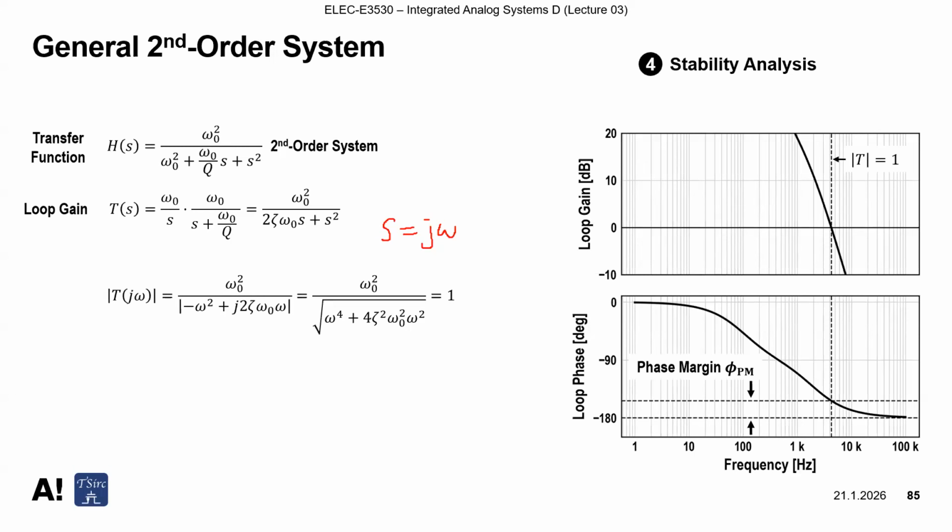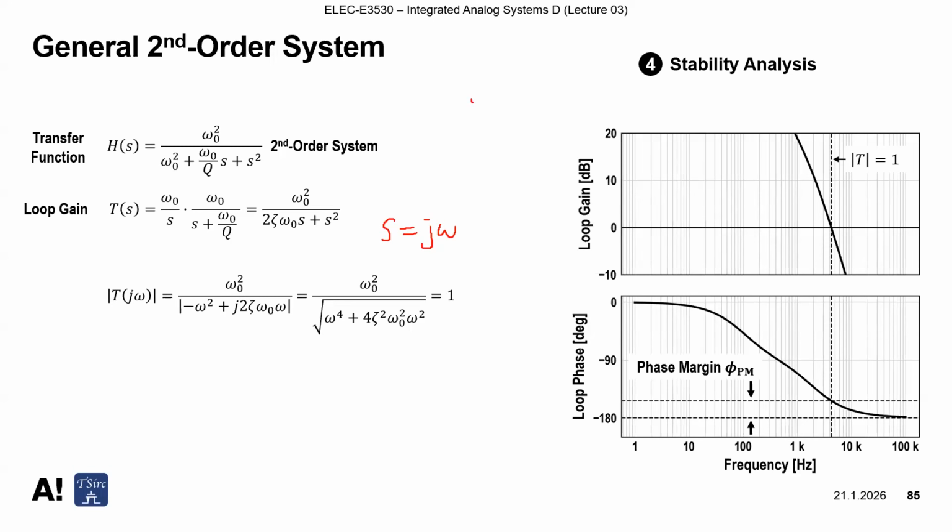Then when we plug in s equal to j omega, this s square part becomes minus omega square, right? Because j square becomes minus 1. And for this part, we can just plug in j omega here, right? j times 2 zeta omega 0 times omega. And we take the magnitude, then what does it become?